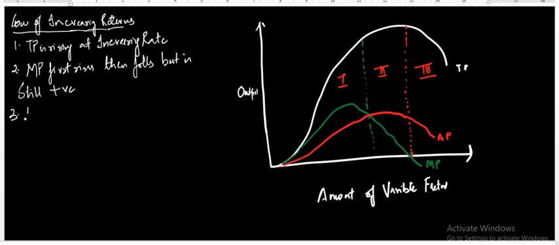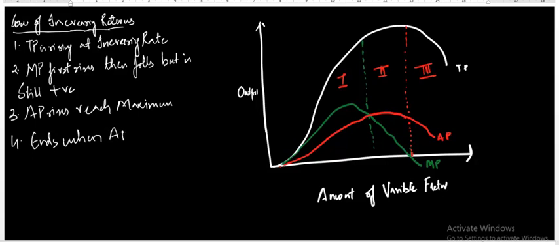And the average product rises and reaches its maximum. This stage ends when average product is equal to the marginal product. There you can see over here, average product is equal to the marginal product.